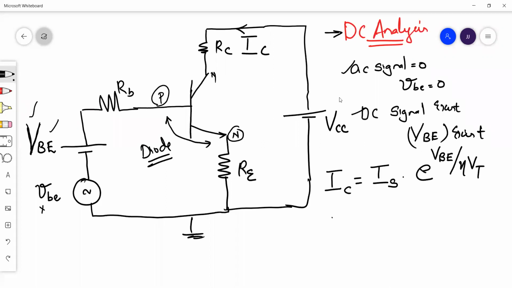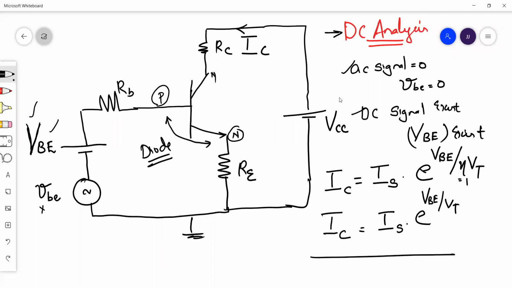Then capital IC equals IS into e raised to VBE by eta VT, with eta equal to 1, minus 1. So this equation becomes capital VBE divided by VT. Is this equation clear to you?